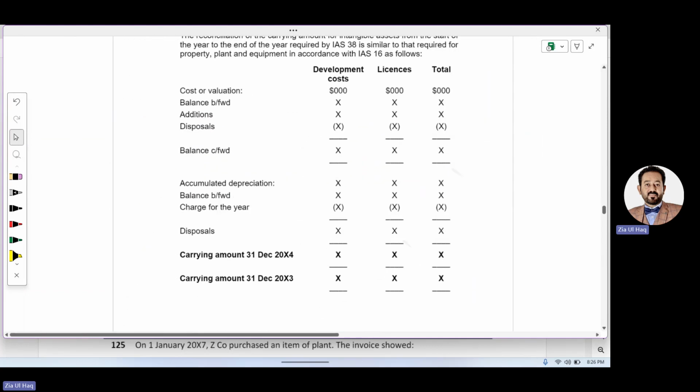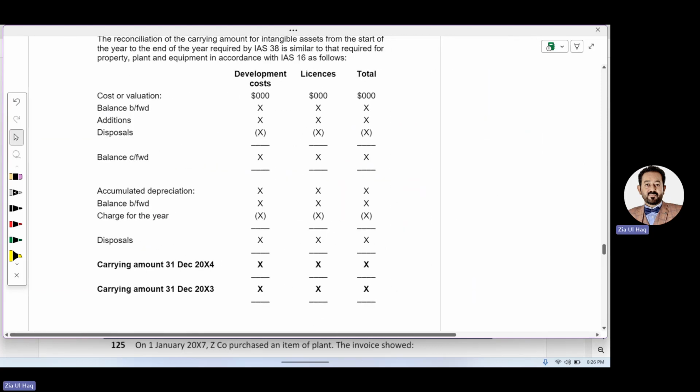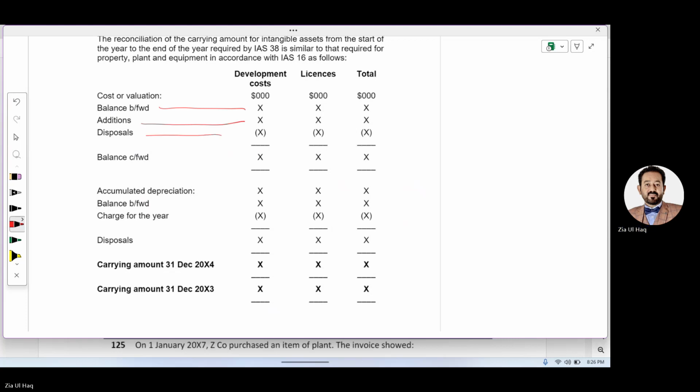Suppose a company has two intangible assets, development cost and licenses. So their cost account: opening balance, addition, disposal, closing balance, A. And the amortization account: opening balance, charge to the profit and loss account, and disposals.